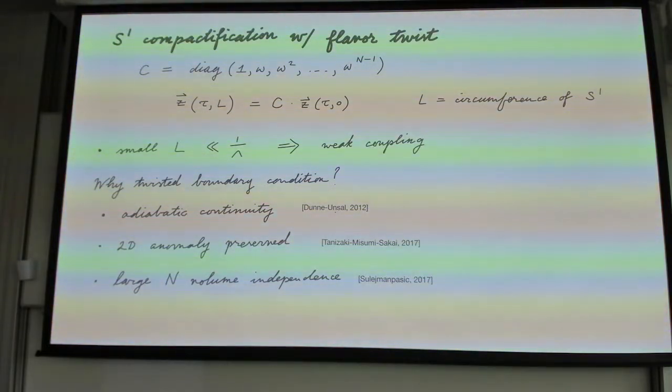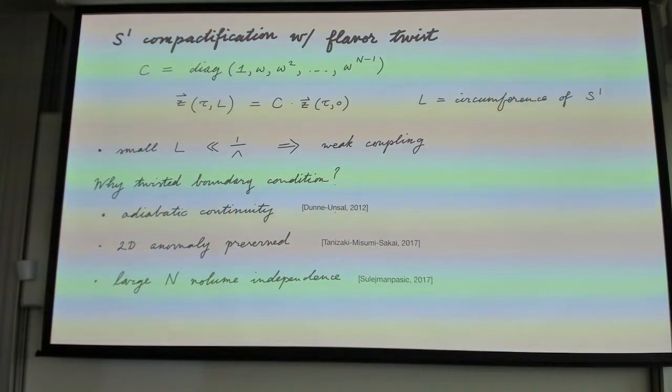Now, using a circle compactification is good for doing semiclassics because the theory is asymptotically free. If I have a small circle, then I can cut off the running of the coupling constant, and I make the theory weakly coupled.